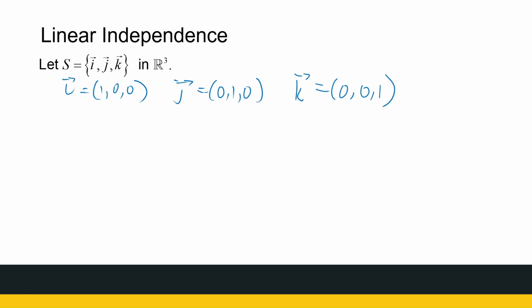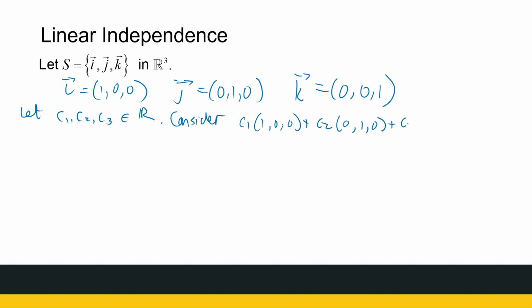But now let's measure this against the formal definition. So if I say let C1, C2, and C3 be real numbers, and I consider the vector equation C1 times i plus C2 times j plus C3 times k, setting it equal to the 0 vector, I want to show that it has only the trivial solution.